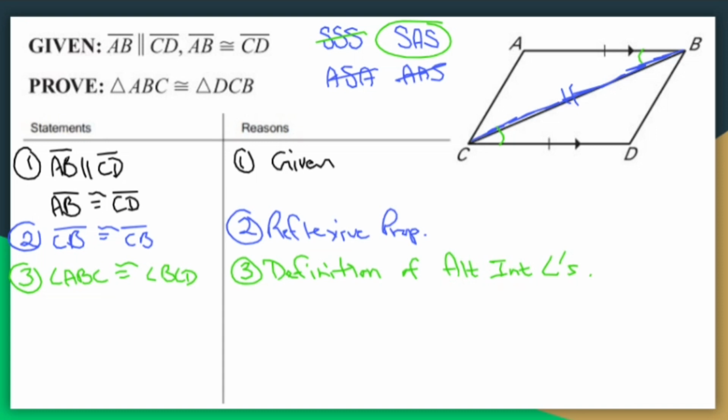Now that I have a pair of sides, check, another pair of sides, check, and the angle in between, I'm allowed to say that triangle ABC is congruent to triangle DCB, and the reasoning for that is side angle side. So this required a little bit of thought. Not too much, but not so bad. I'm done.